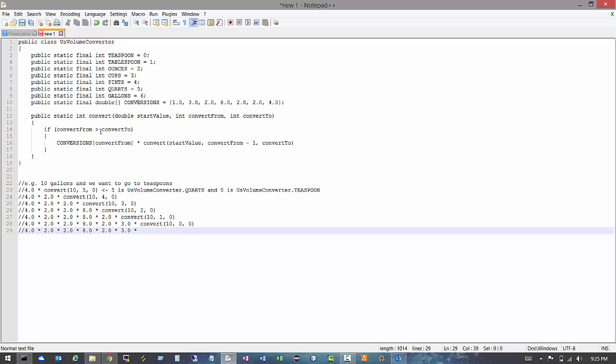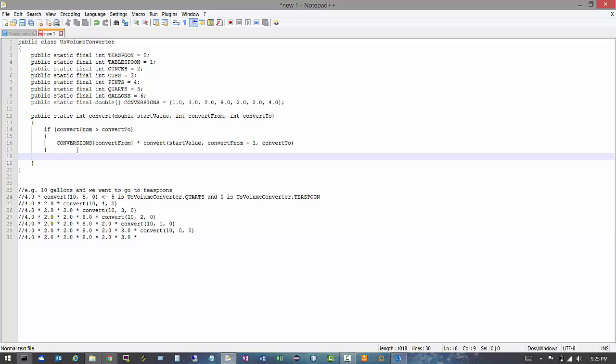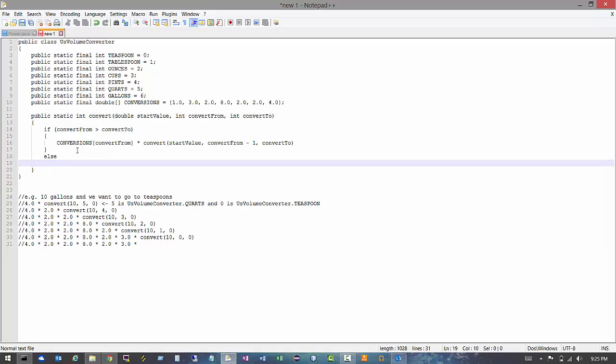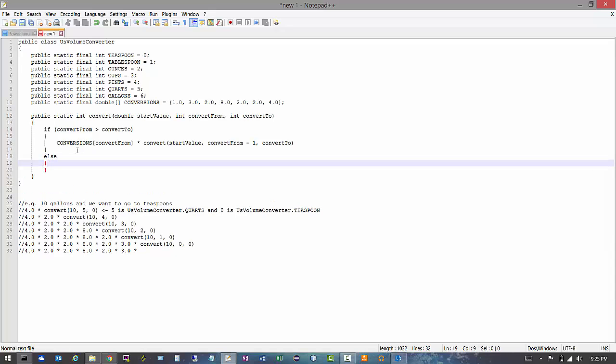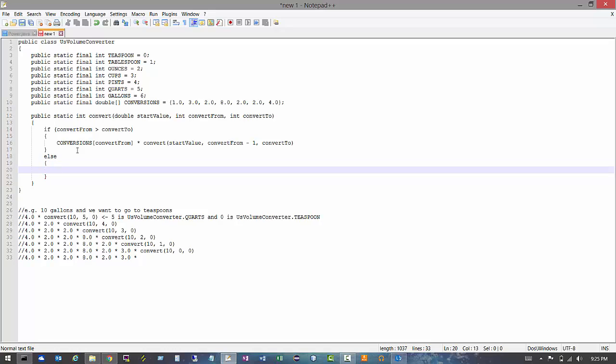Well, 0 is not greater than 0, so we need another case. I'm going to throw the else case in here. There will be a case in between. I will show you that momentarily.